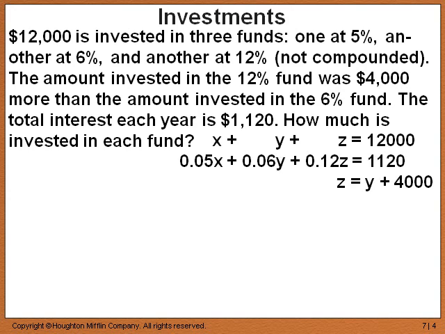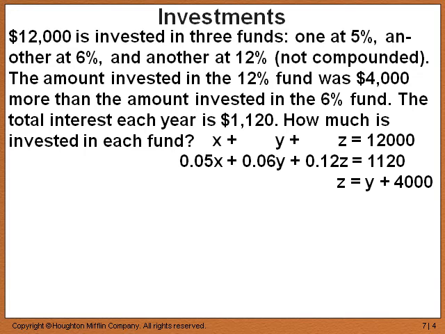So here are the three equations. x plus y plus z equals 12,000. We know that the amount 12,000 is spread out over three different funds, and so x plus y plus z equals 12,000. The next equation, 0.05x plus 0.06y plus 0.12z equals 1120.